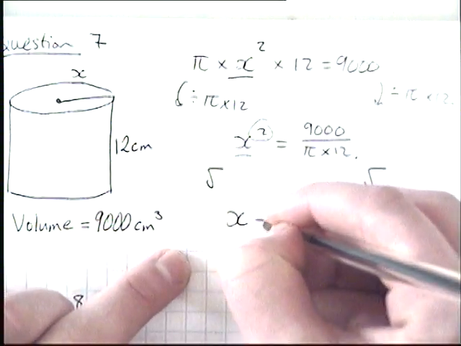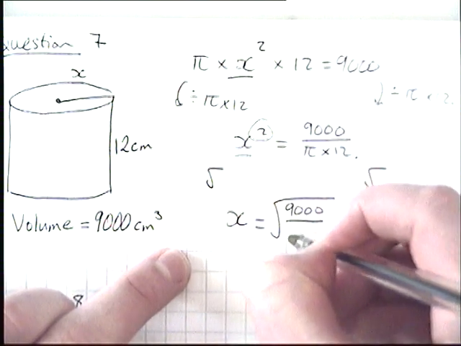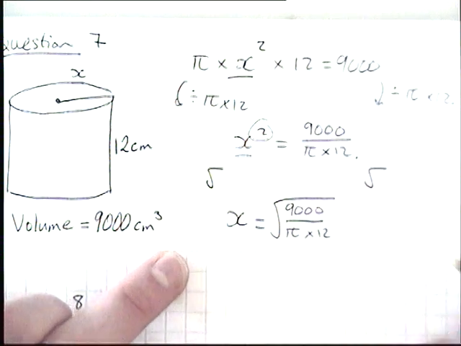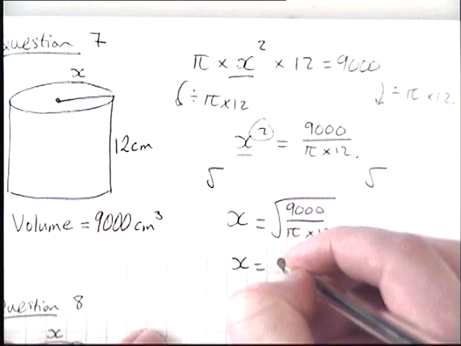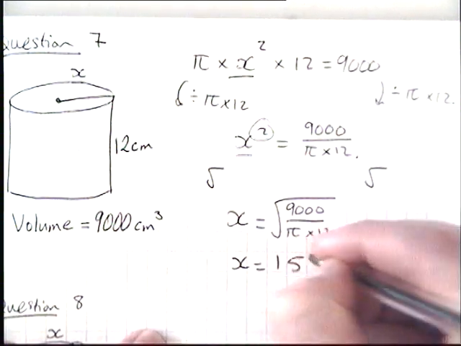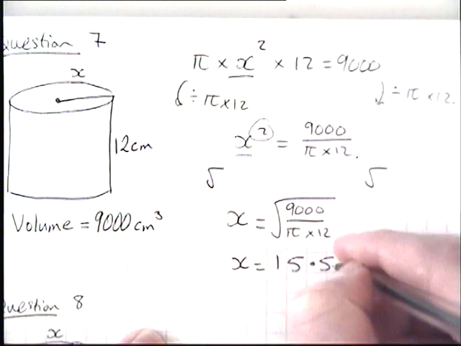So we're going to have x equals the square root of 9,000 all divided by pi times 12. So x equals, we pop that all into our calculators, so 9,000 over pi times 12 to 1 decimal place. That will give you 15.5 centimeters.